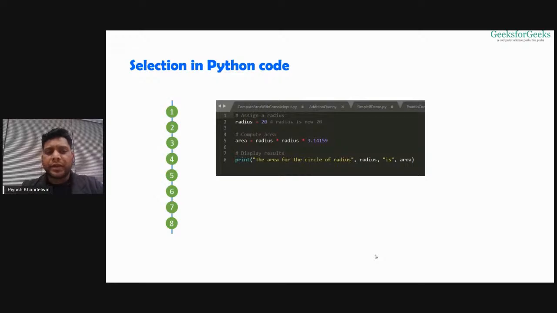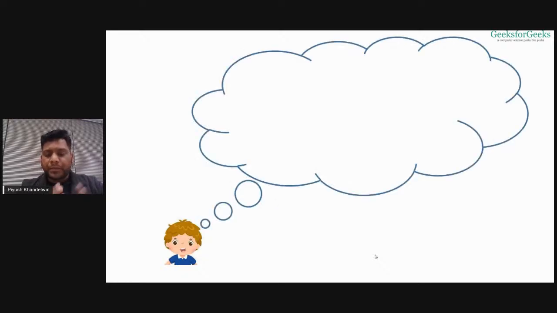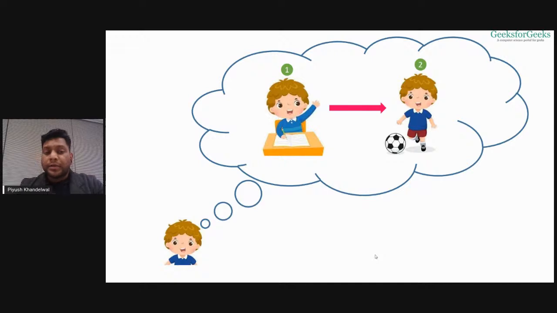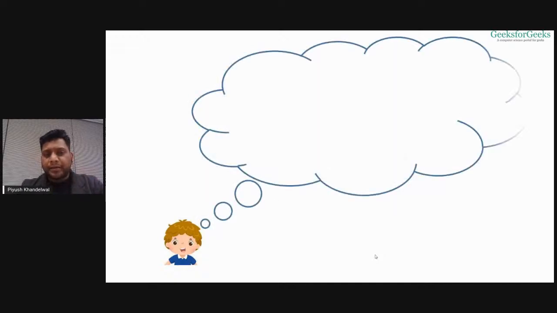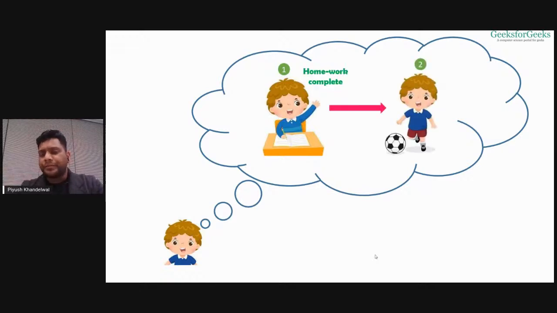But in the real world, you never plan things like this. You never say that first I'll study and then I'll go out to play. You always plan things like first I'll study, and if I'm able to complete my homework, then I'll go out to play.